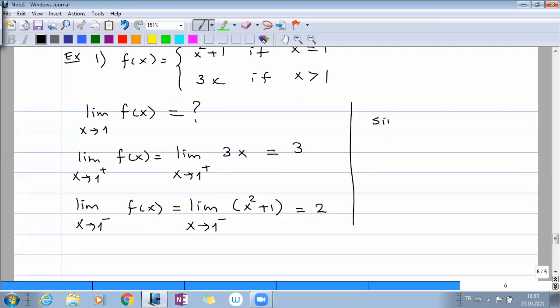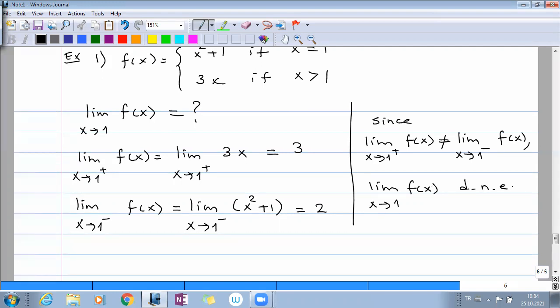So since the right limit of the function at 1 is not equal to the left limit of the function, the limit at 1 does not exist.